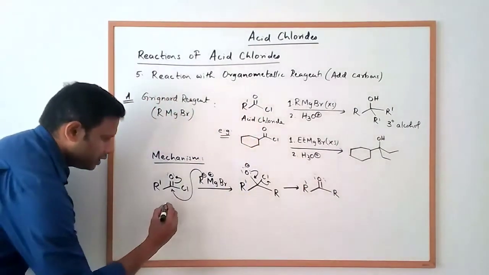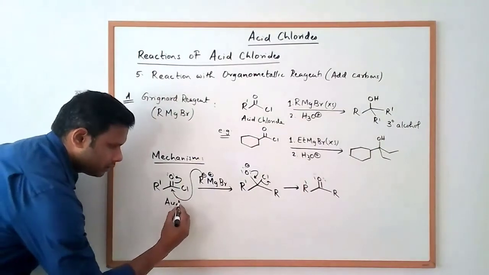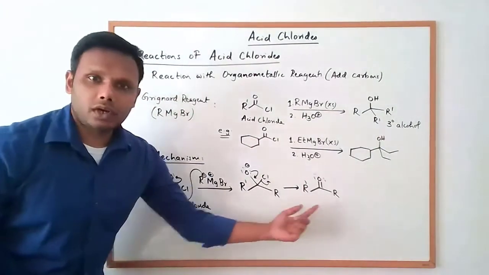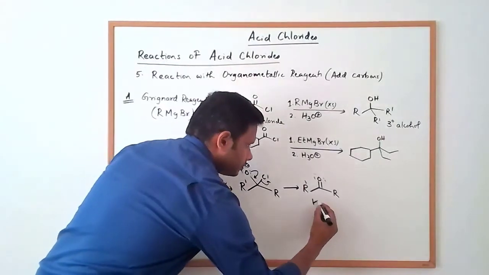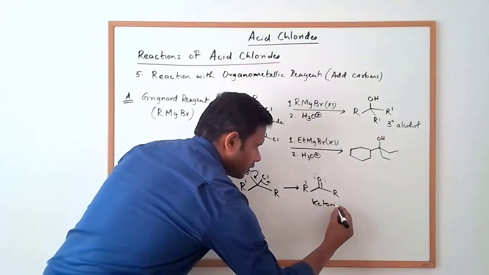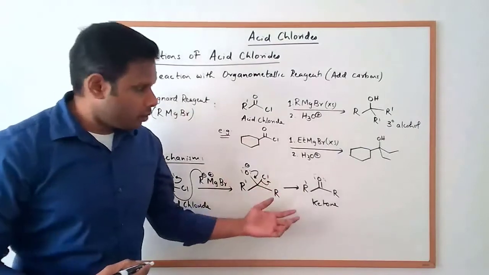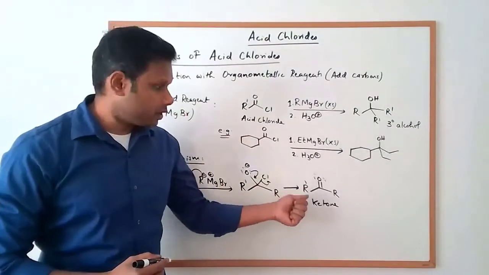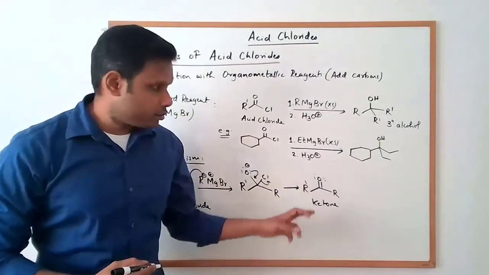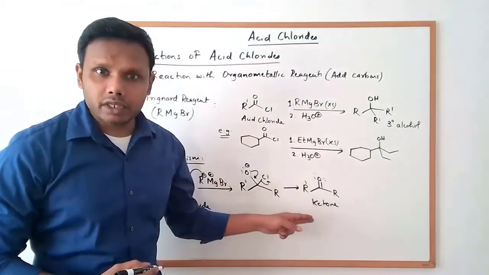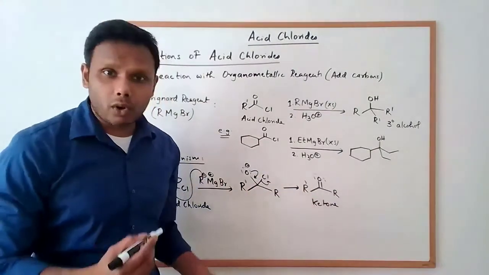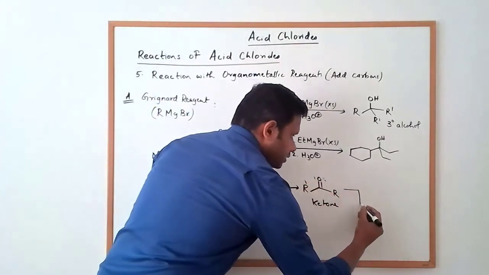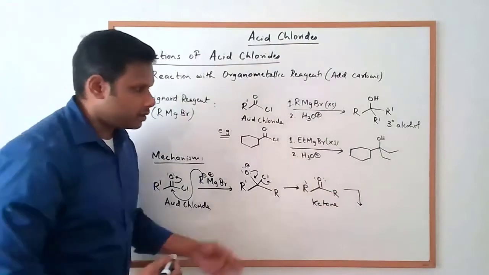Notice how the acid chloride is converted into a ketone. And as we know, Grignard reagents react very favorably with ketones, carbonyl compounds, whether they're aldehydes or ketones. So essentially what happens at this point is the reaction does not stop here.